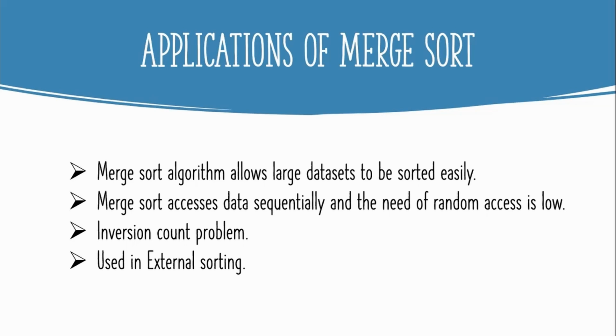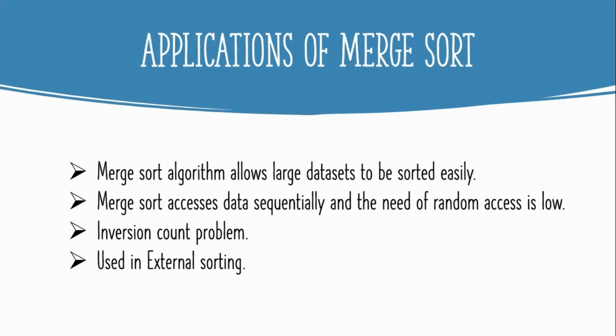That is, let's say we have an array A, and let's consider two elements in it, that is A of I and A of J. I and J denote the positions of those respective elements, and these two elements will form an inversion pair if A of I is greater than A of J and I is less than J. Similarly, we need to find out the inversion count for that particular array. Then merge sort is again used for external sorting as well, wherein larger data is stored within the external memory which has to be sorted. So these are the applications of merge sort.